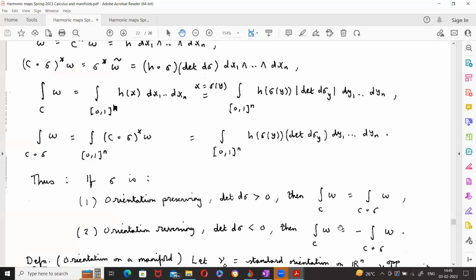Well, recall that we defined an orientation on a finite dimensional vector space. It was an equivalence class of ordered bases, right? Given two ordered bases, v1 to vn and w1 to wn, you look at the unique linear map T which sends the vi's to the wi's. Then you say that the vi's are equivalent to the wi's if the determinant of T is positive, right?